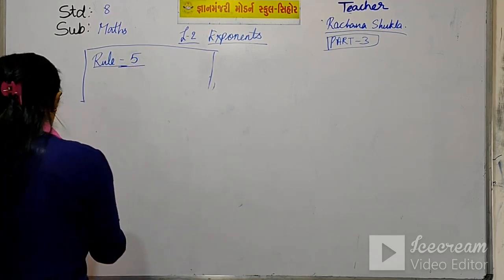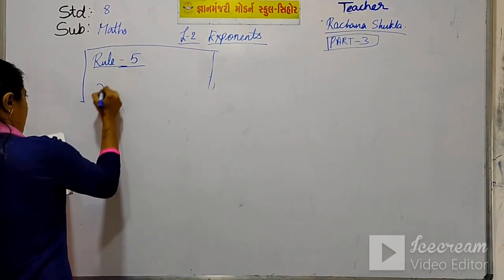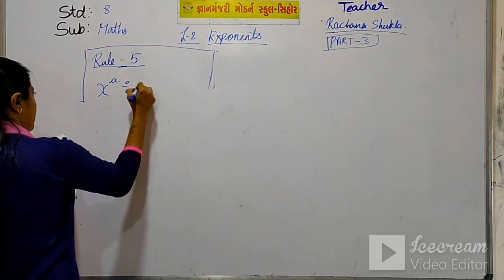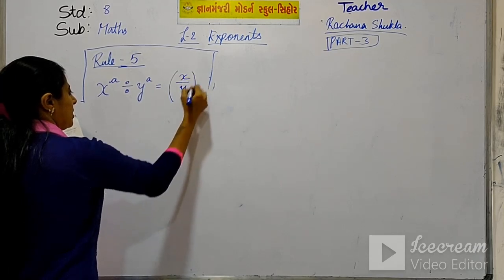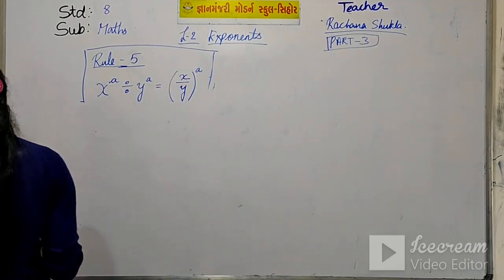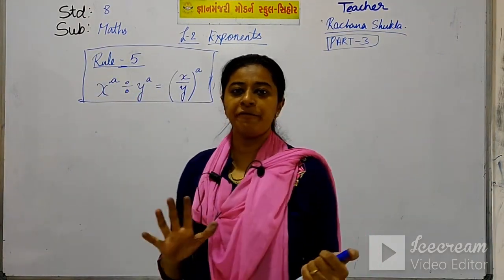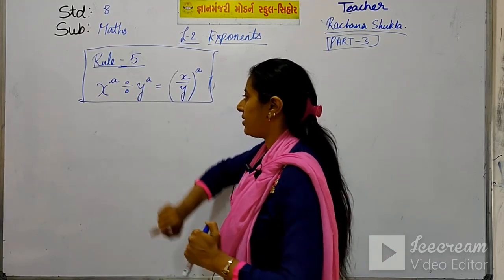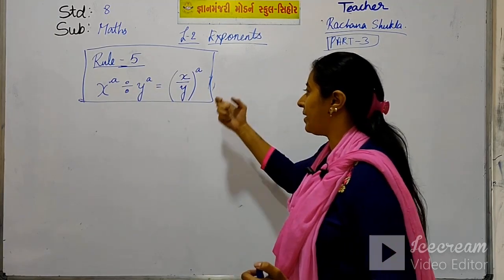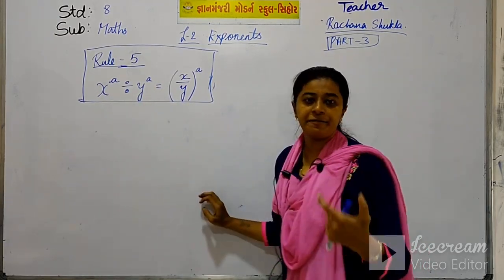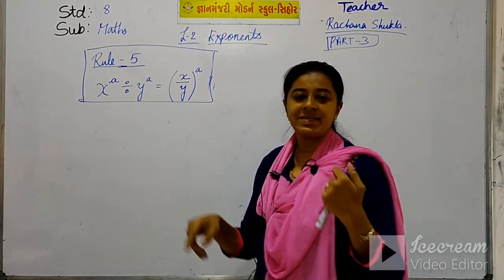Rule 5. X to the power A divided by y to the power A is equal to x upon y to the power A. In this rule, x and y are different bases, but we have common powers, A and A, the same powers.